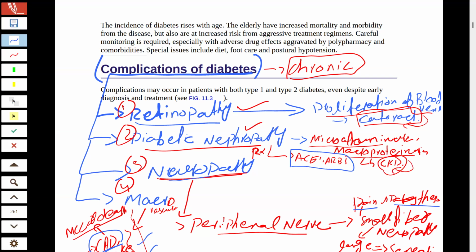This also damages the third cranial nerve, in which there is the eye down and outward, a diabetic complication as well. Due to this there is ptosis and diplopia, and in this the patient's pupil response is preserved. When we put the light, the response of the pupil is preserved in these types of patients. And for treatment, we will go for amitriptyline, gabapentin, NSAID to treat the pain as well.